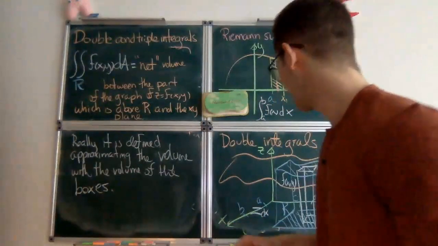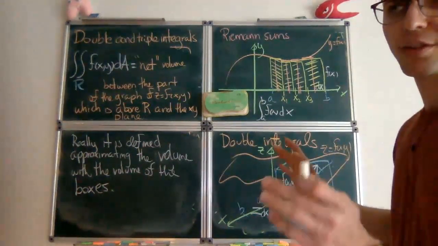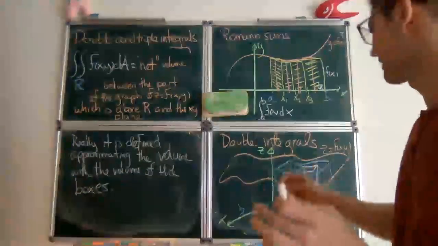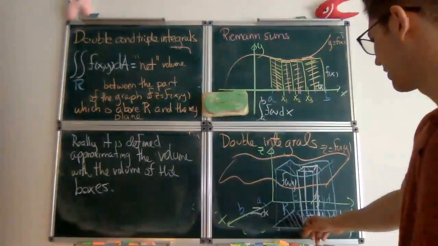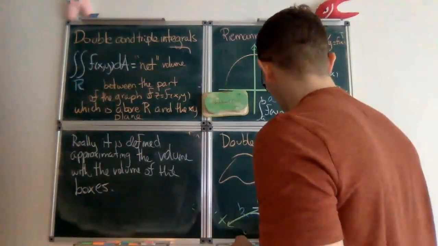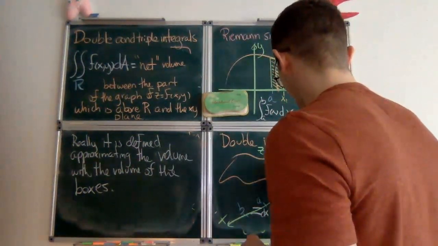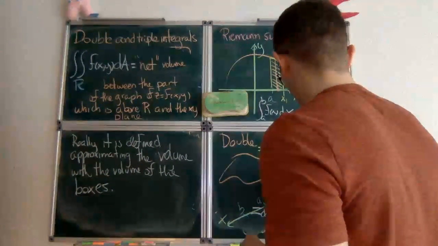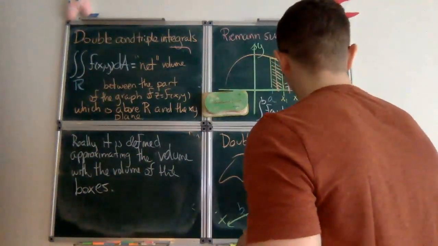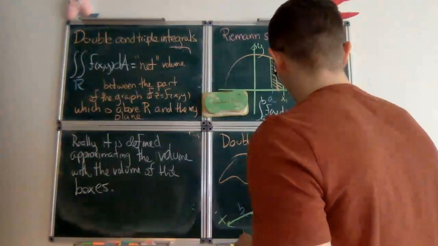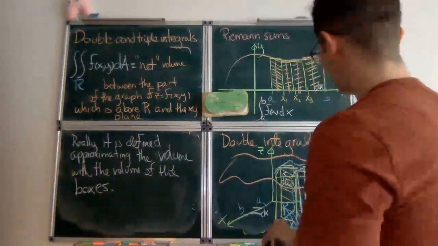And the point is that as you make more, thinner boxes, then this approximation will start getting better and better. So for example, here I drew a box, but here you could also draw another one. Okay?